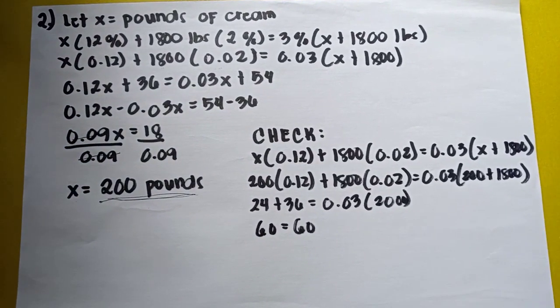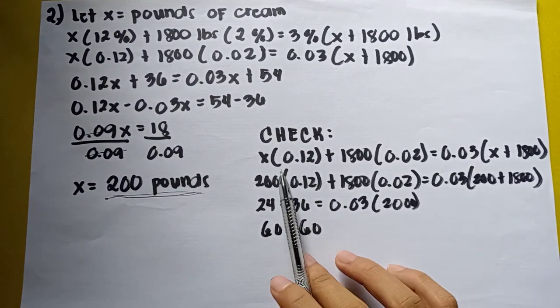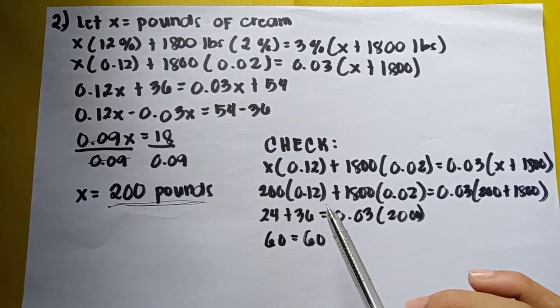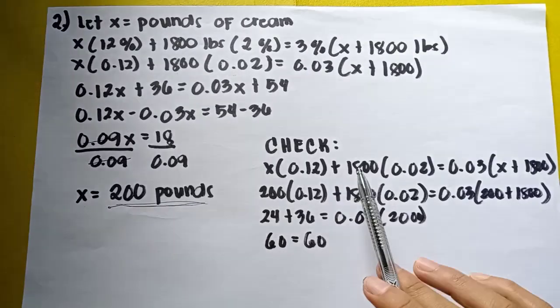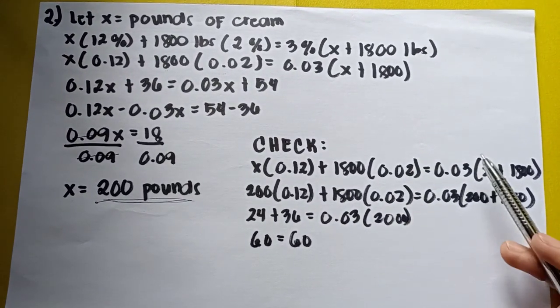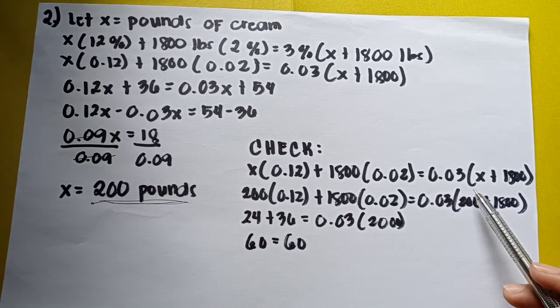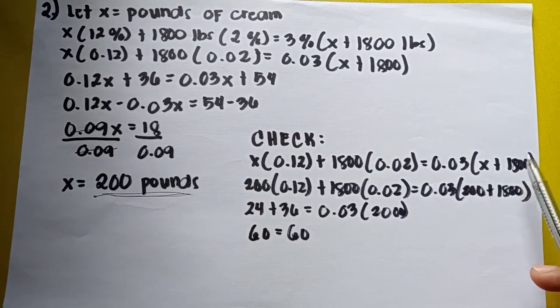To check if our answer is correct, again we will substitute the value of X: X times 0.12 plus 1,800 times 0.02 equals 0.03 times (X + 1,800).